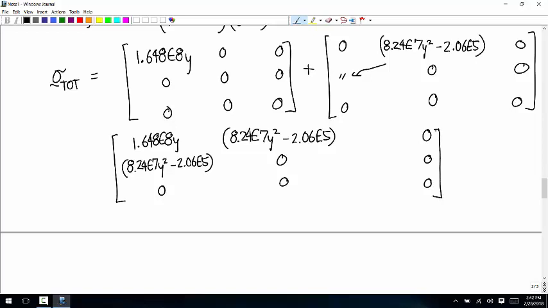Okay, now we want to look for some trends. We could calculate the principal stresses in terms of y if we do it algebraically. Your calculators might do that. I don't think I've ever tried that on mine.